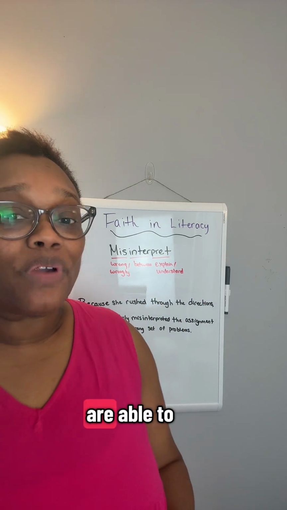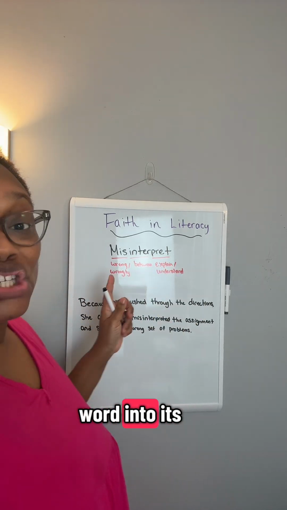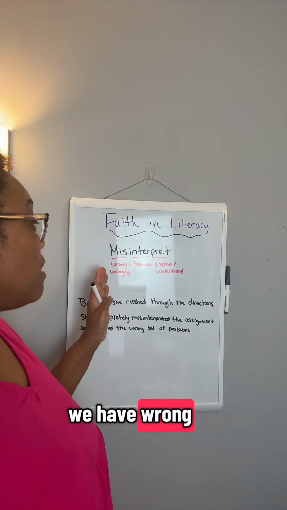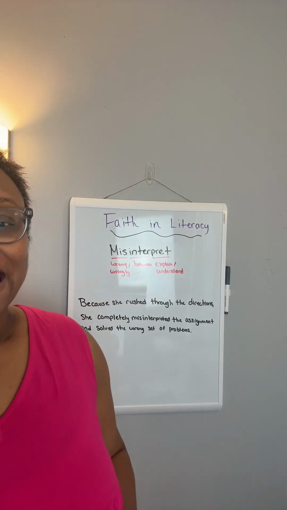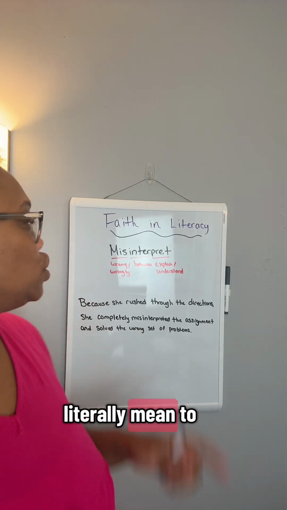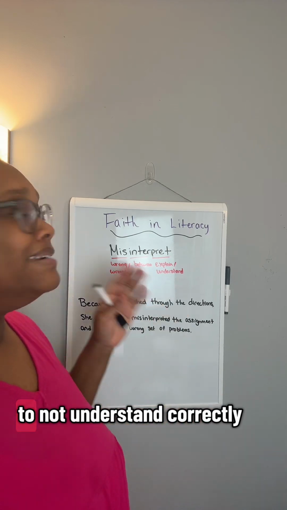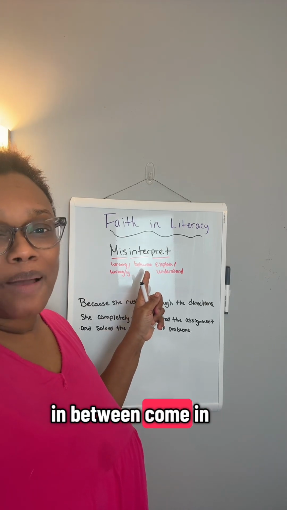So if kids are able to break down the word into its prefixes and its root, we have wrong, between, explain or understand. So it would literally mean to explain wrongly or to not understand correctly. Where does the in between come in?